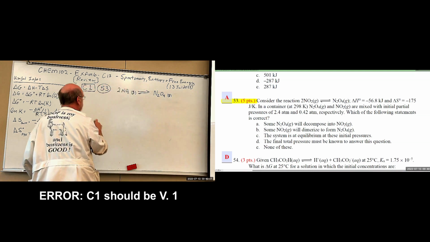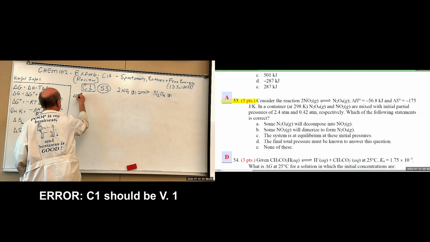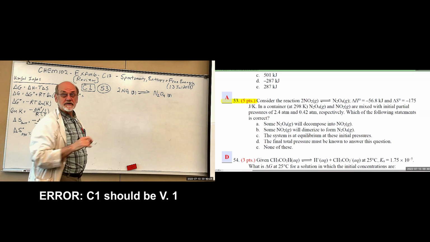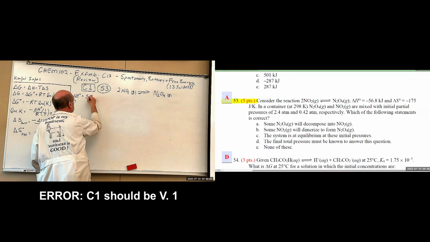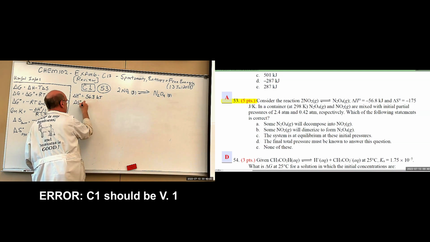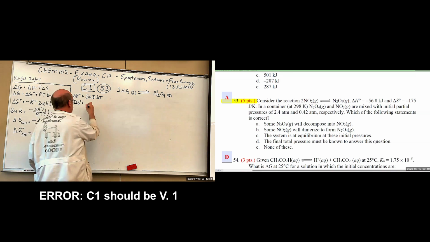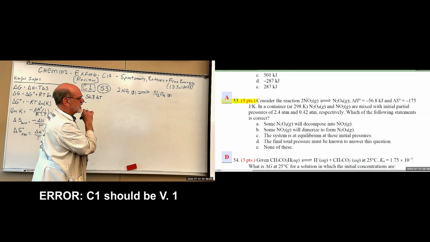Let's see, delta H0 is negative 56.8 kilojoules. Delta S0 should be in joules. Should have a negative there.